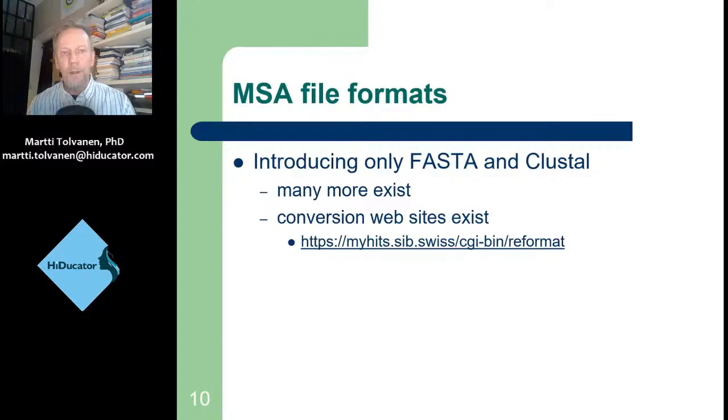Now let's take a short tour of MSA file formats. And actually we are only going to be looking at FASTA multiple sequence files and Clustal format files. There are lots of multiple sequence alignment formats, and luckily there are conversion websites. So if you do phylogenetics, your program might be requiring a specific file format like Nexus, and then you can go to a site like MyHits, which gives you the possibility to interchange between the formats.